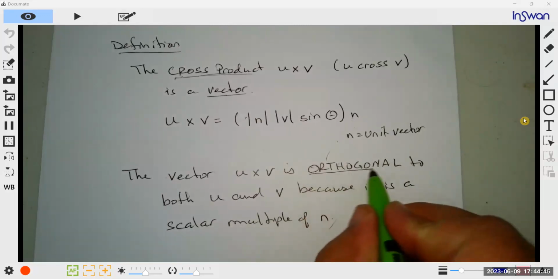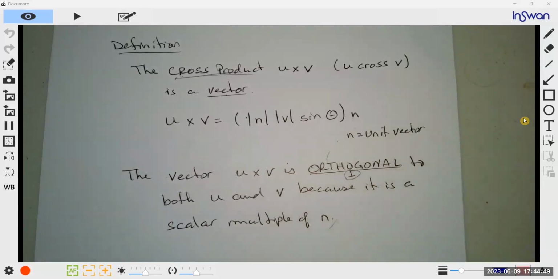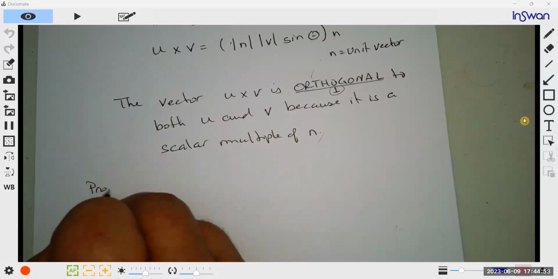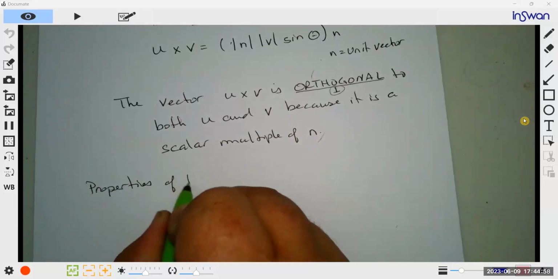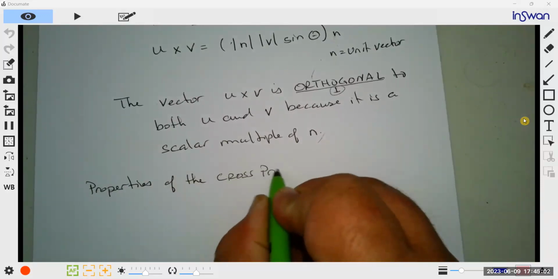Remember what orthogonal means? Orthogonal means perpendicular. Okay, let's look at the properties of the cross product.